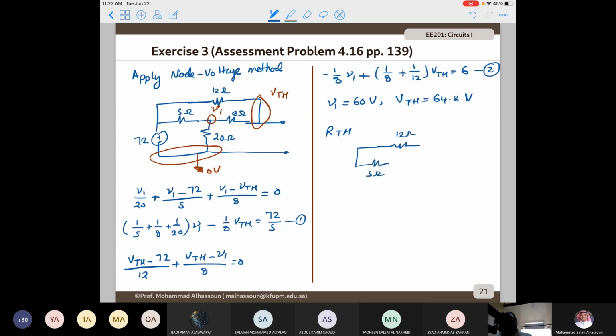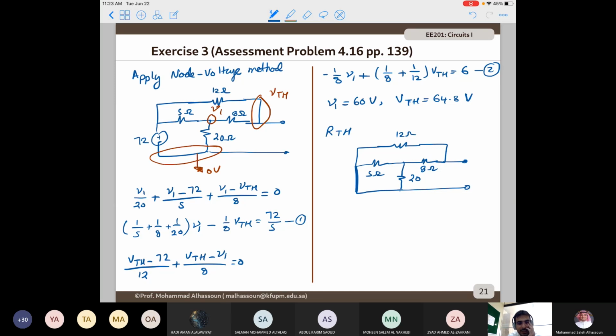But if you want to verify it, you can find the short circuit current first, and then take the ratio and find the R.